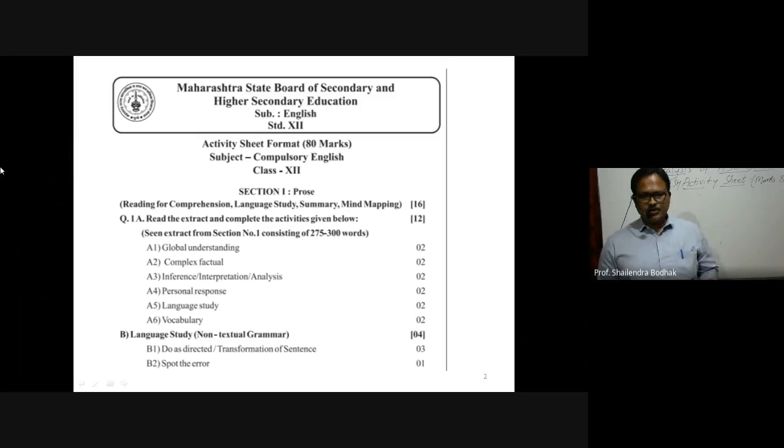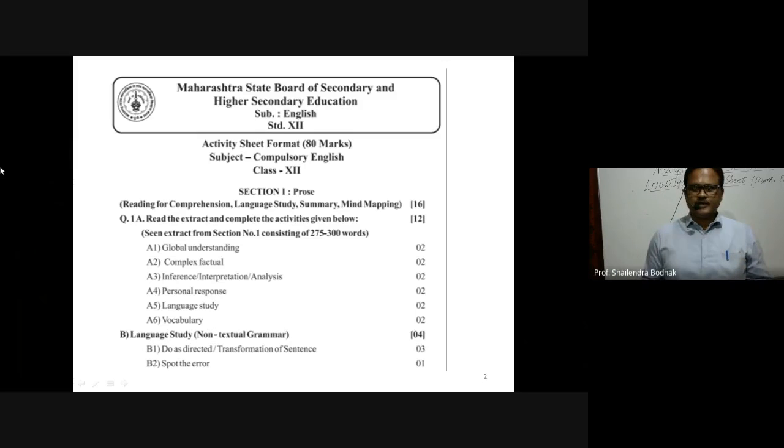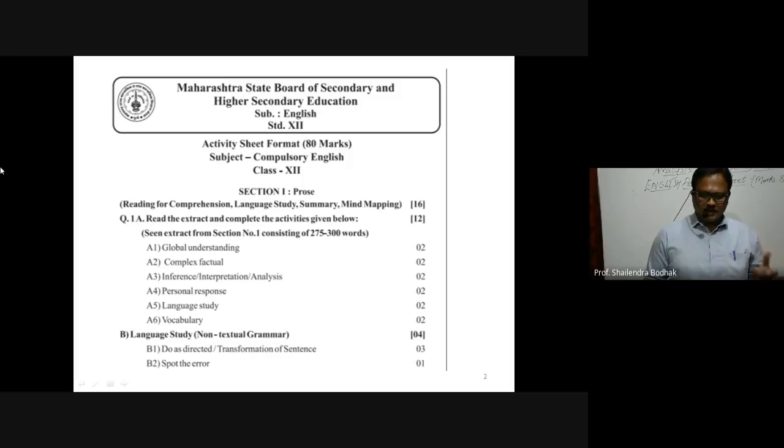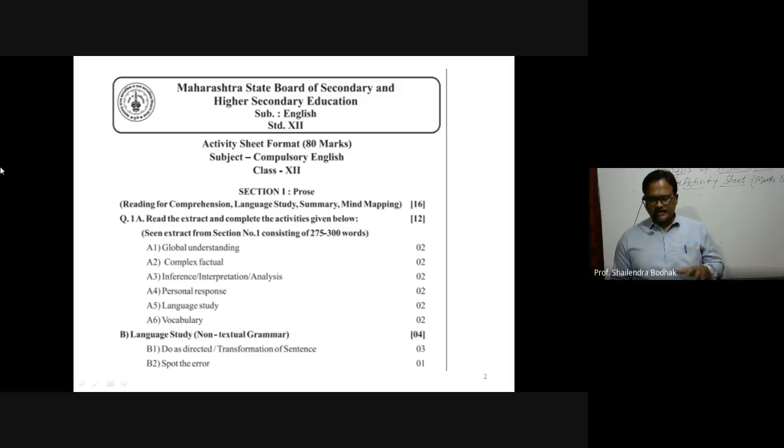They may ask you to explain your views, okay, or opinions, ideas, similar situations, imagining, okay. So in the personal response they will ask you about your views regarding that passage or any character, or your ideas. They will ask you to write your ideas or imagine. They may also ask you to imagine.